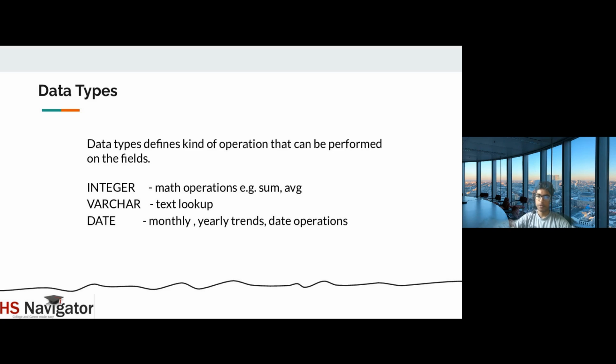For example, if your data type is integer, you can run things like math operations. For example, sum and average. And you wouldn't be able to run these math functions on a varchar or a date. But on a varchar, you could do things like text lookup, and on date data types, you can look up things like monthly and yearly trends and date operations.